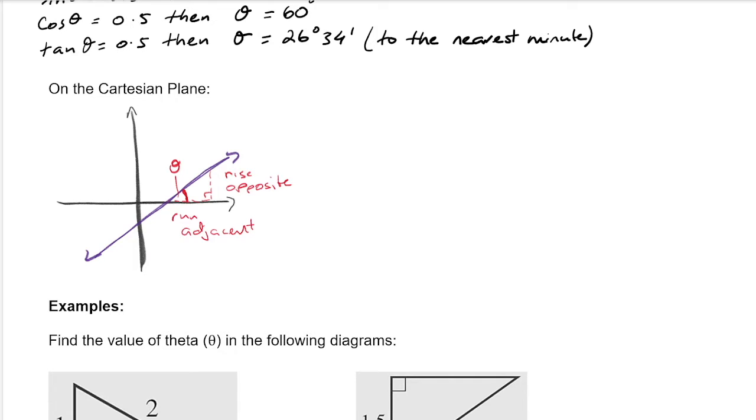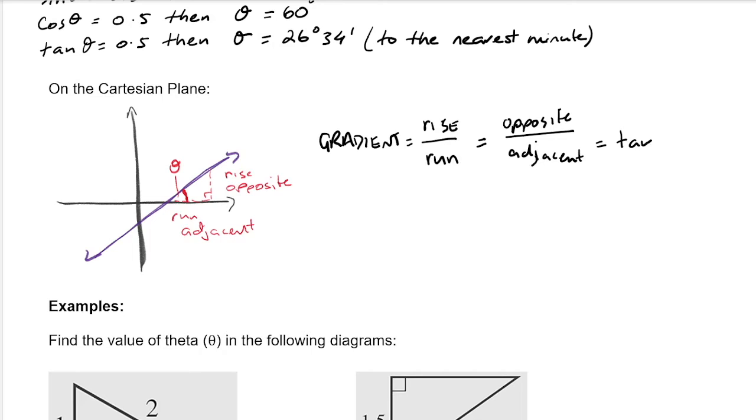Let's just make a very quick note. If the gradient equals rise over run, which is the change in height over the change in length, or the vertical change over the horizontal change, it becomes the opposite side over the adjacent side, which is now tan theta.